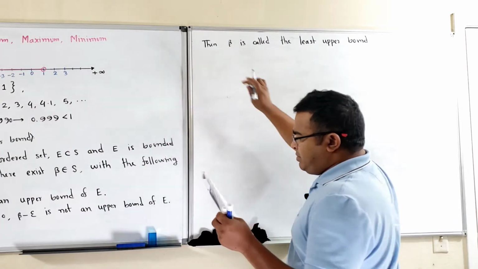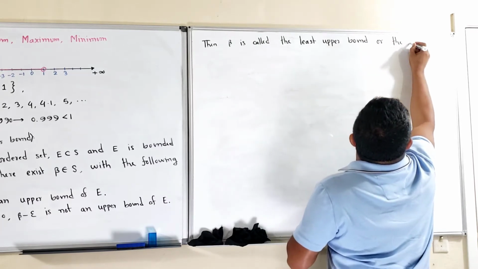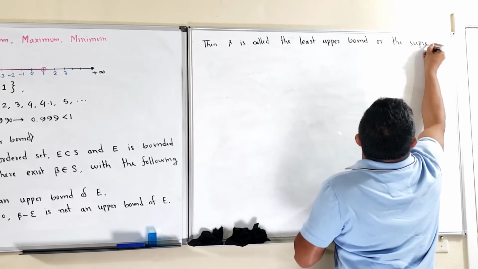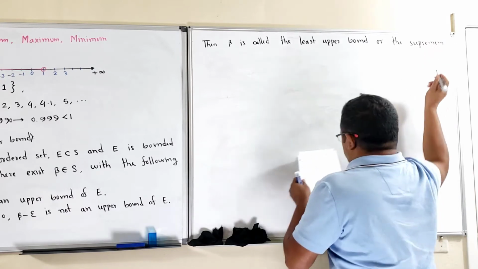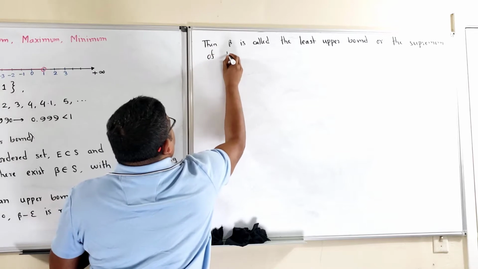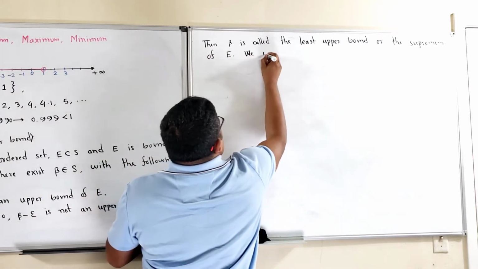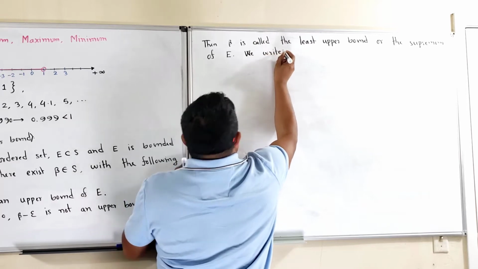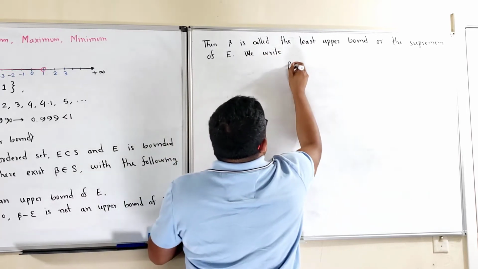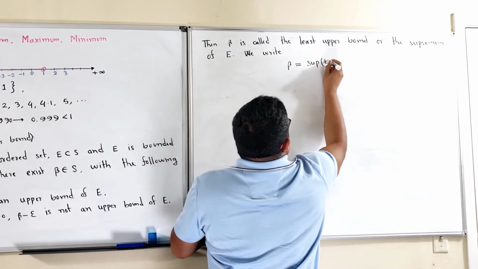So the least upper bound, or the supremum of the set E. We write beta as the supremum of the set E.